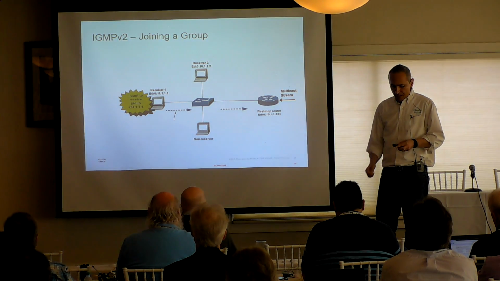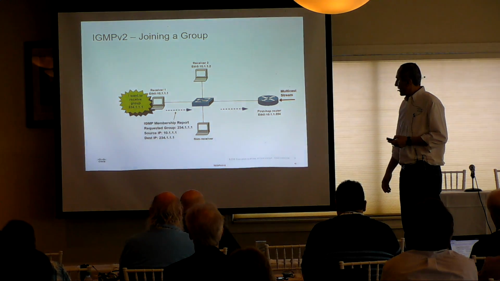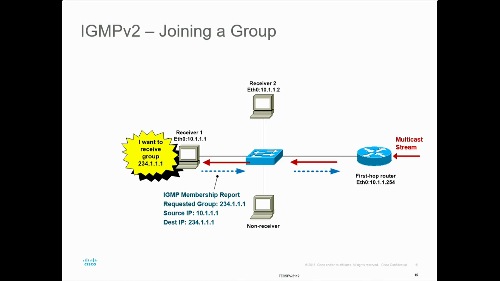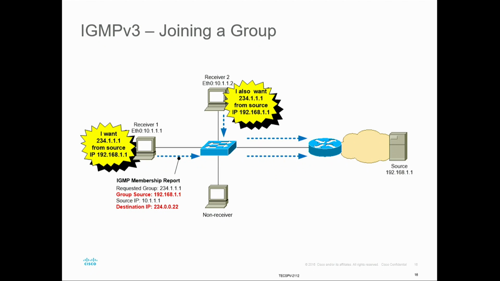Okay, so that's a couple of things on it. Let me build the slide. So what is IGMP v3? Again, just for your awareness. The IGMP we discussed has always been IGMP v2.